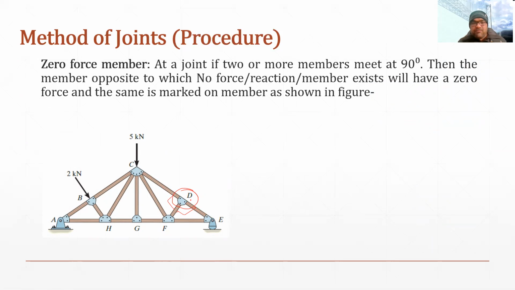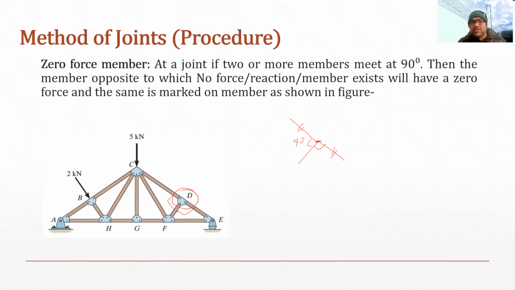So if I consider joint D, this one, this member is DE, this member is DC, and this member is DF. So this angle is 90 degrees. Now, if I consider this member, opposite to it there is this member.